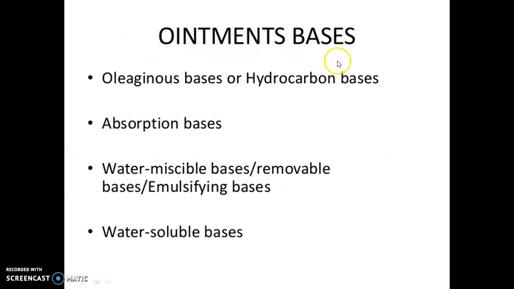Then ointment bases. There are a total of 4 types of ointment bases, which are as follows. First one, oleaginous bases, also called hydrocarbon bases. Second one, absorption bases. Third one, water miscible bases, also called removable bases or emulsifying bases. And fourth one, water soluble bases.